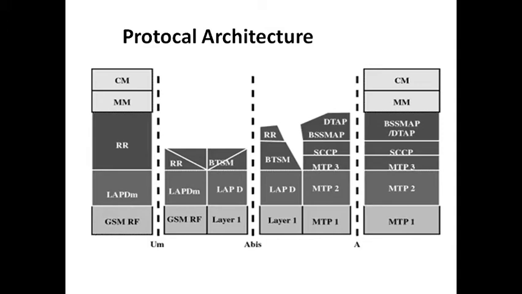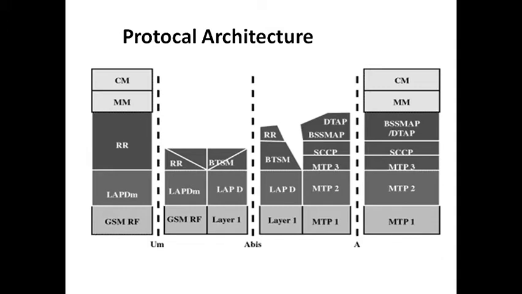The second and third parts, BTS and BSC, lie in the interface Abis. The third and fourth parts, that is BSC and MSC, lie in the interface A. This is the protocol architecture for signaling.